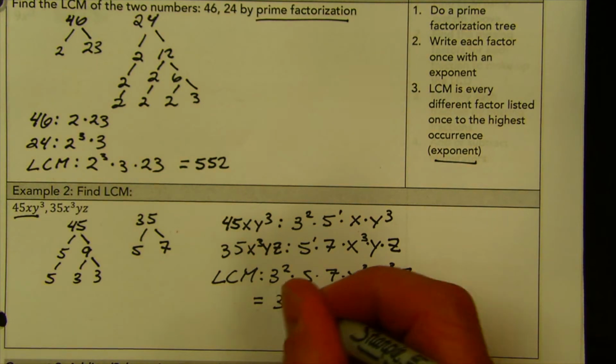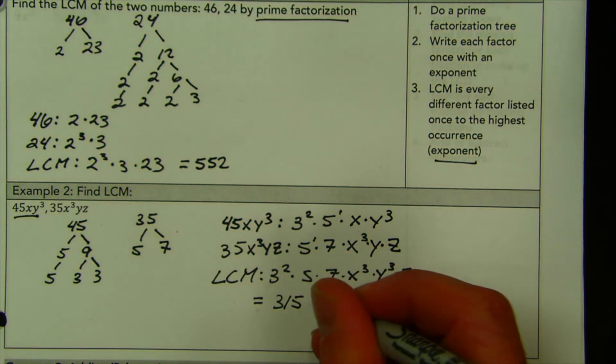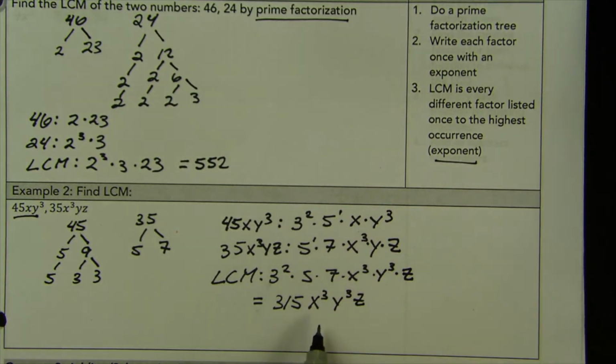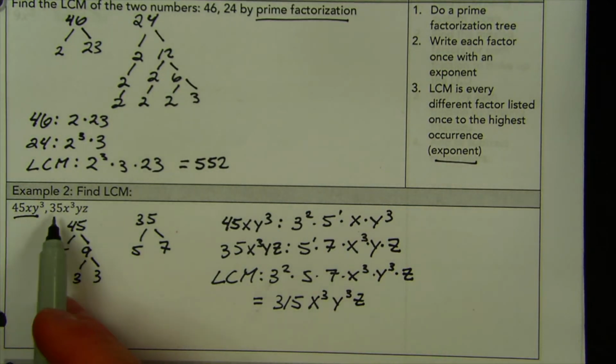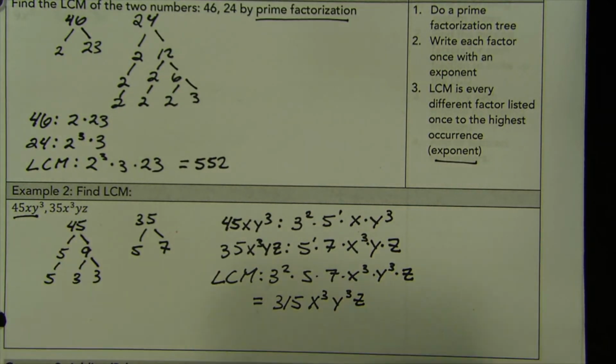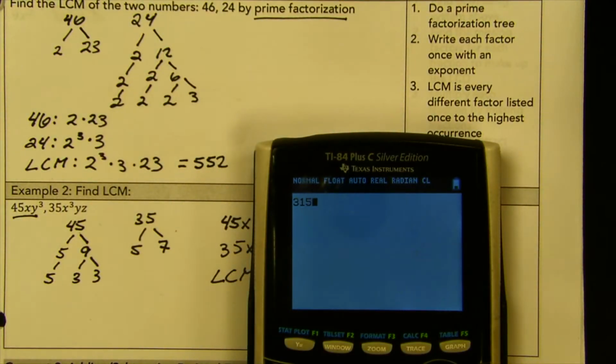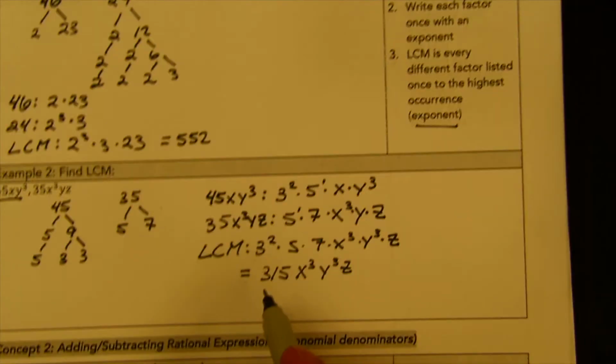So we got 315x cubed y cubed z. That's the least common multiple of these two monomials. And again, I can check. I'm going to divide 315 by 45, or just the whole number, shall I say. And 315 divided by 35, good times. Sweet. All right, so that's the LCM.